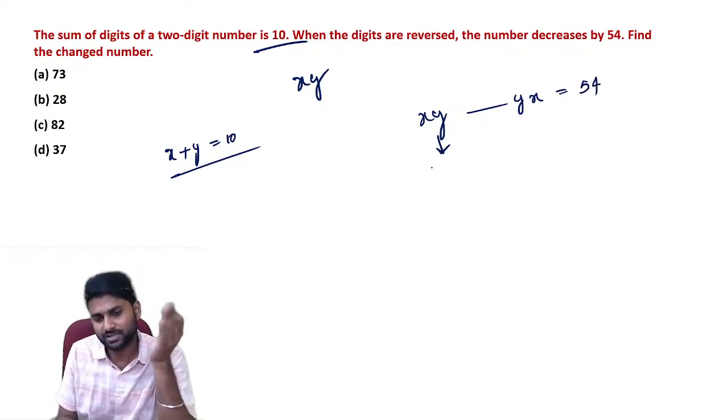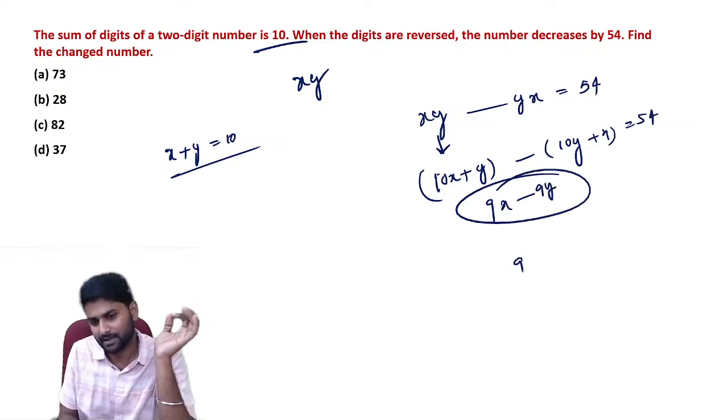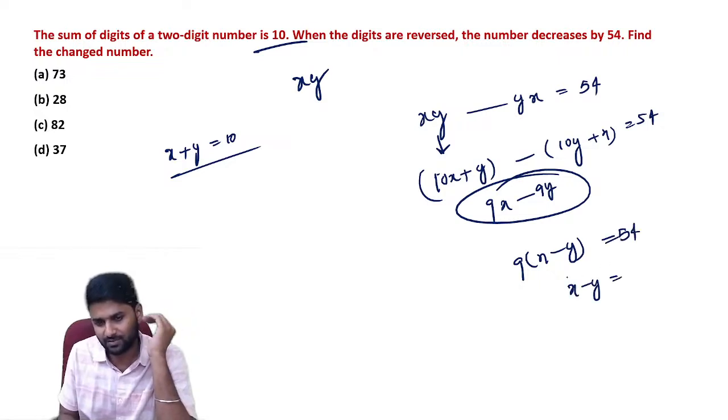Any digit becomes a number when multiplied with its place value. 10x plus y minus 10y plus x is equal to 54. Then you will get 9x minus 9y. Take 9 common: 9 into (x minus y) is equal to 54. Then x minus y is equal to 6.